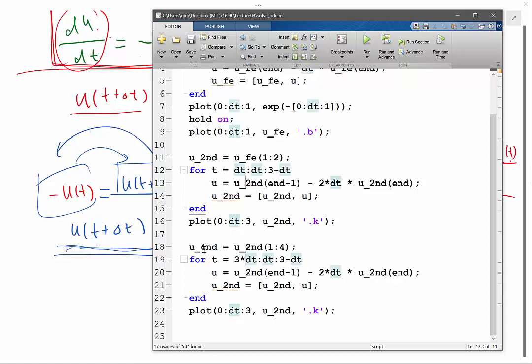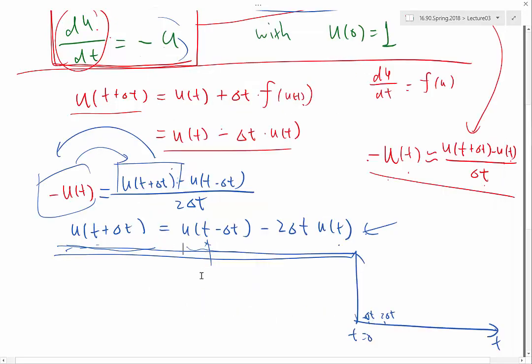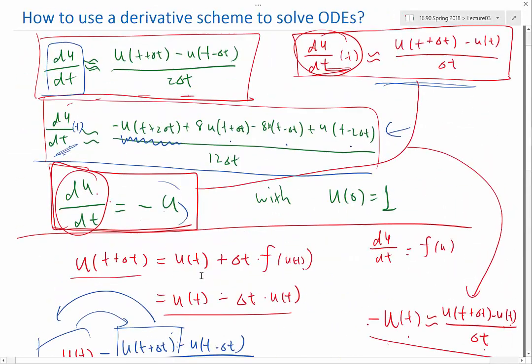Okay. Let's go back to 1. So here now, what is the scheme? Oh, I didn't write it down. I should.